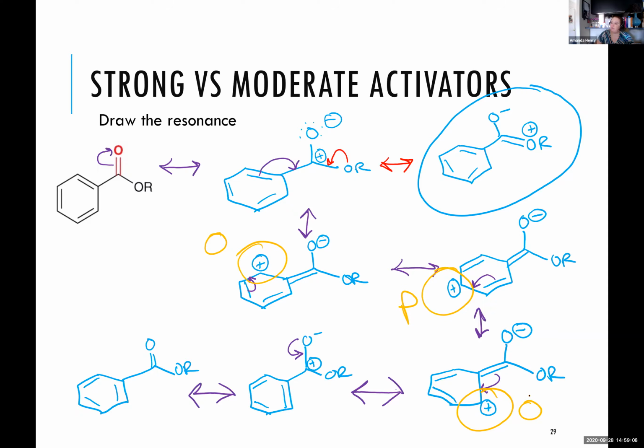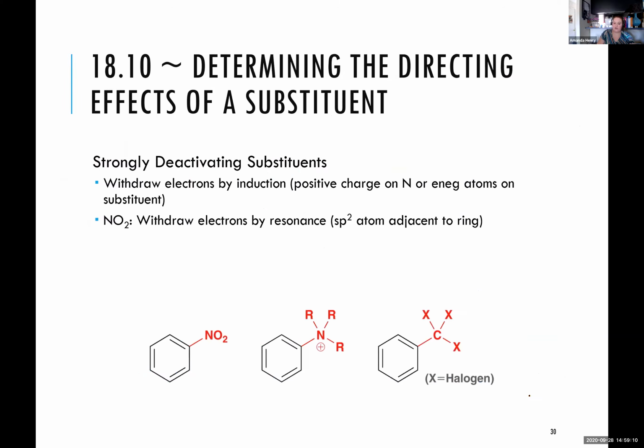All right, one more category. Last one are the strong deactivators. So in our strong deactivator category, notice I don't have my little summary bullet point down here because there's not really a way to summarize these. We have our nitro group. And just a reminder, when our nitro group is bonded, it looks like this.